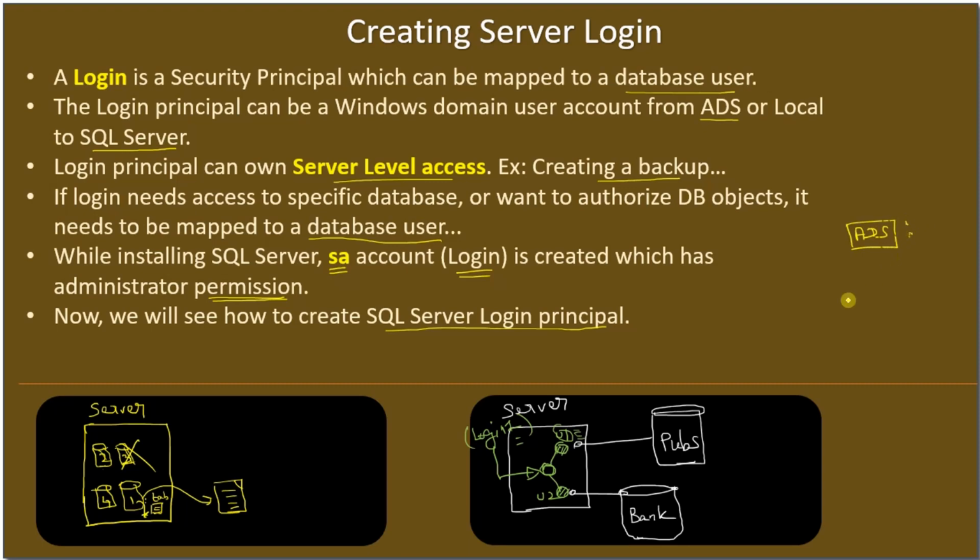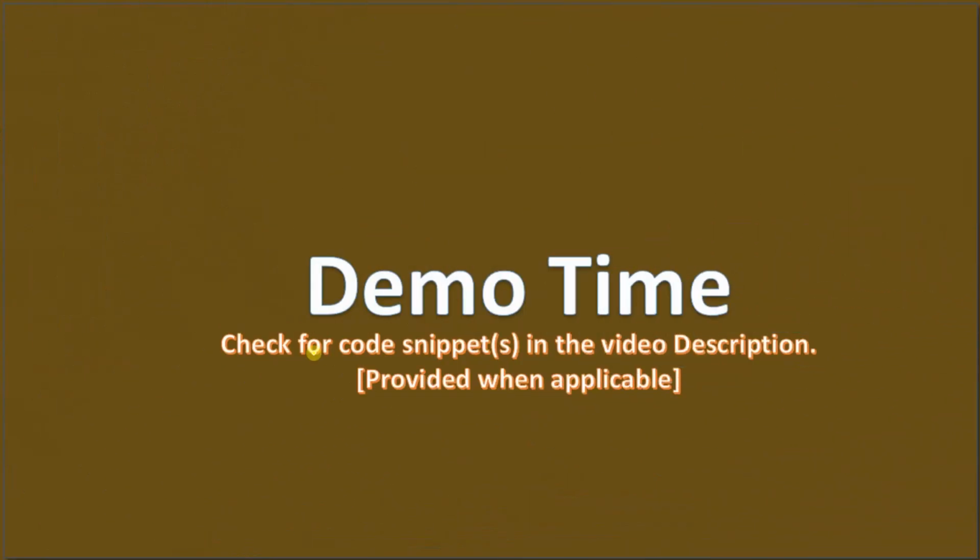Here we are using a Windows 10 machine for the demonstration. So we will use the SQL Server login principal. Like the SA account, we will create one more user account here. So the goal here is to create a user called test user. So that's what we are going to do. Let's go to the demo now.